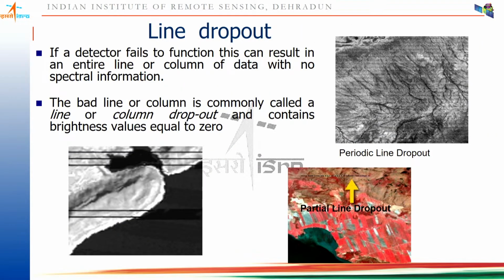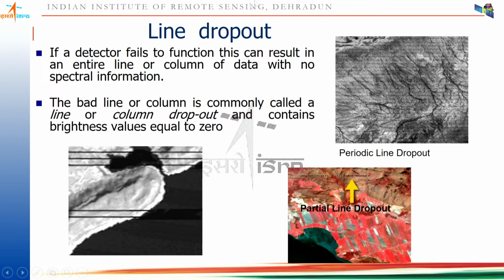Now the line dropout. Dropout means if a detector fails to record any value, that will result in the complete line being zero with no value. So no value is a zero value, and this can be a periodic line or column, right? So this is dropout, that is, the value is equal to zero. That is a line dropout.